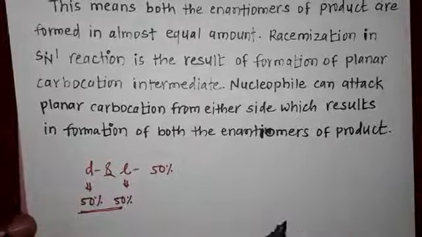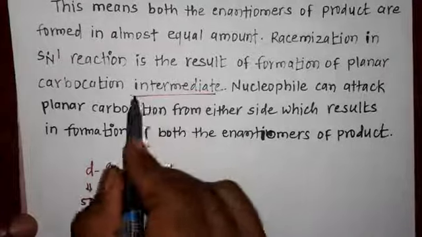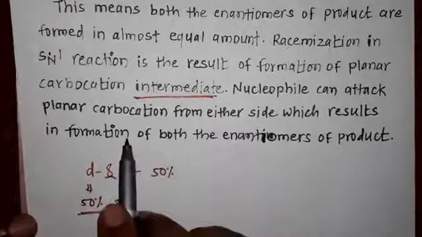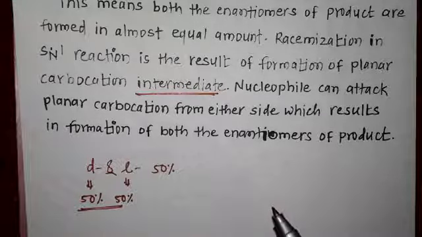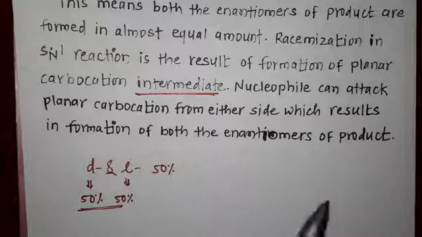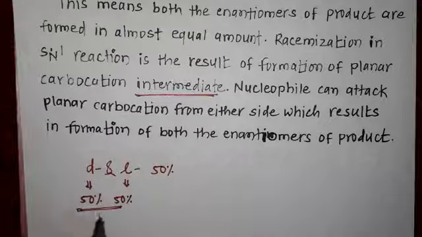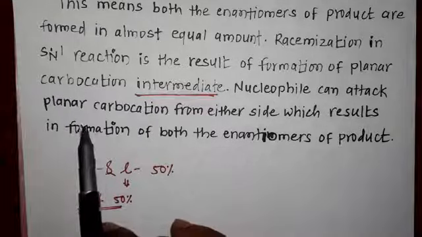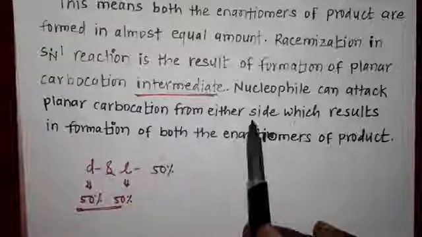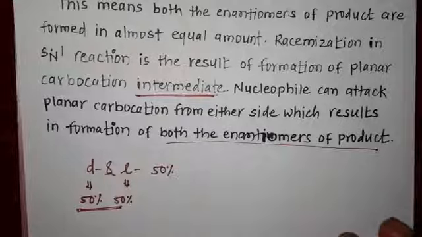Due to the formation of a planar carbocation in the first step as an intermediate, the nucleophile can attack from both sides, and hence it forms both types of isomers, D and L, with a possibility of about 50-50%. The nucleophile can attack the planar carbocation from either side, which results in the formation of both enantiomers of the product.